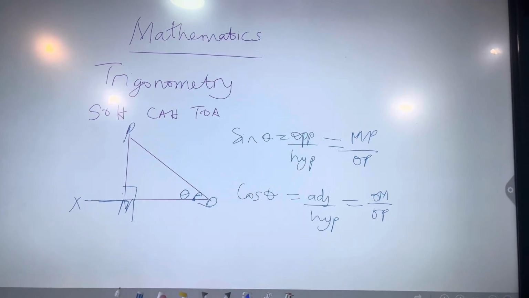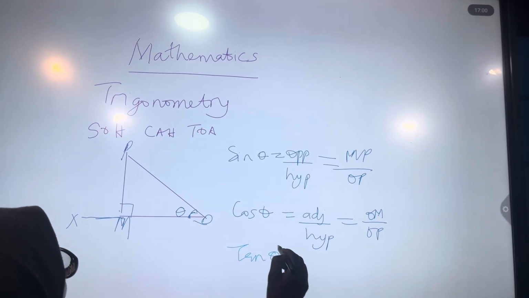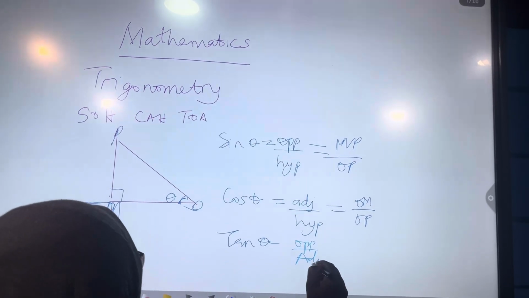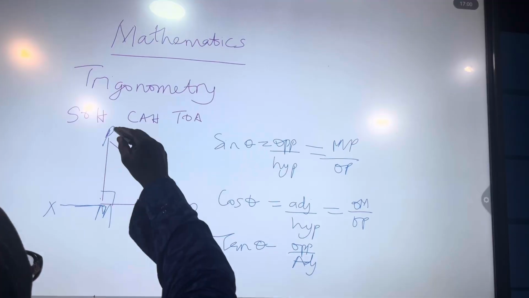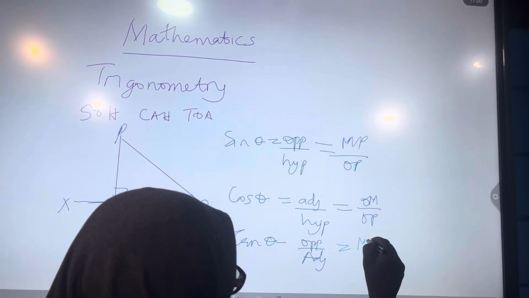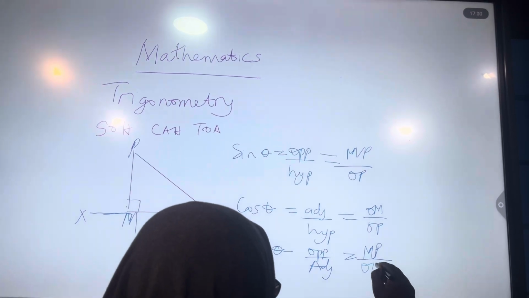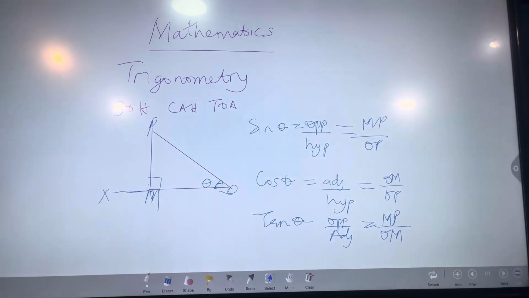At the same time, we can also look at tan theta. Tan theta tells us opposite over adjacent. The opposite is NP, so NP over OM.